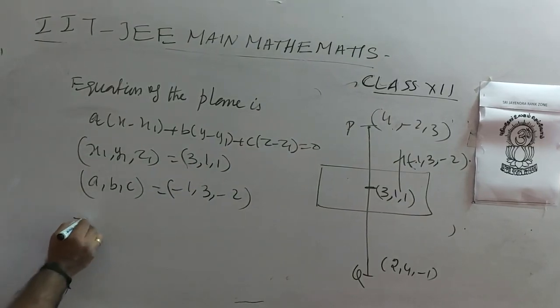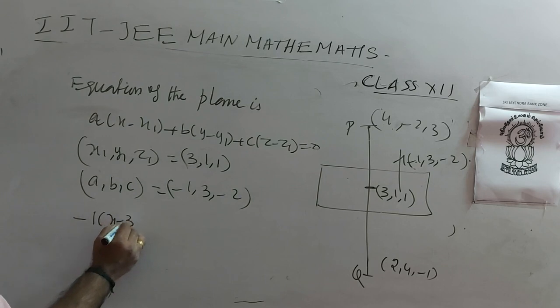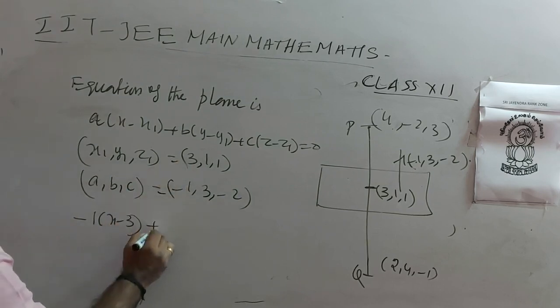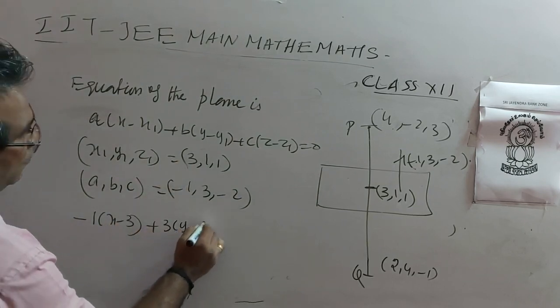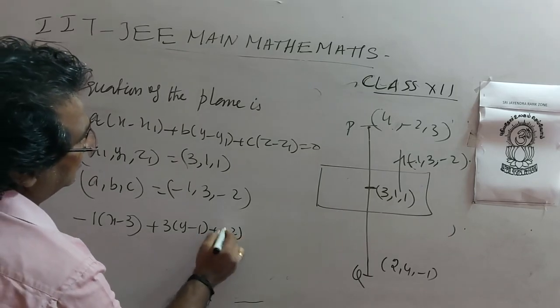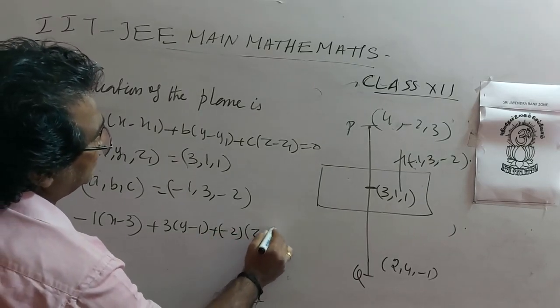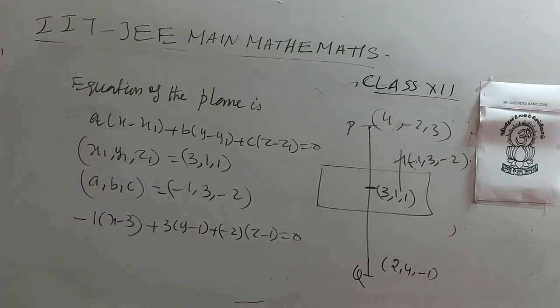Therefore minus 1 into x minus 3, plus 3 into y minus 1, plus minus 2 into z minus 1 equal to 0.